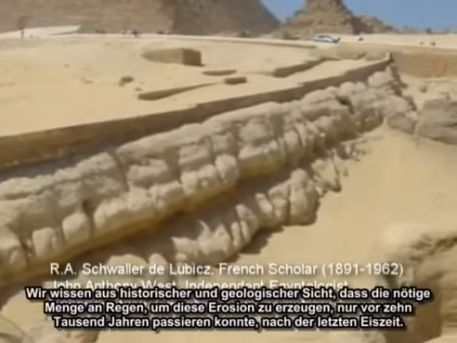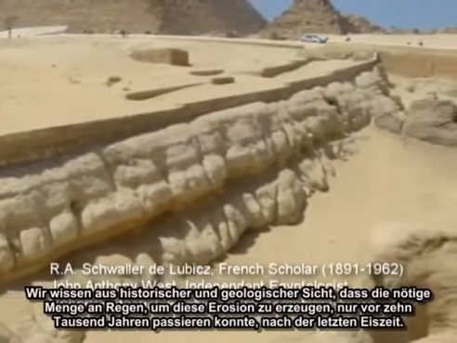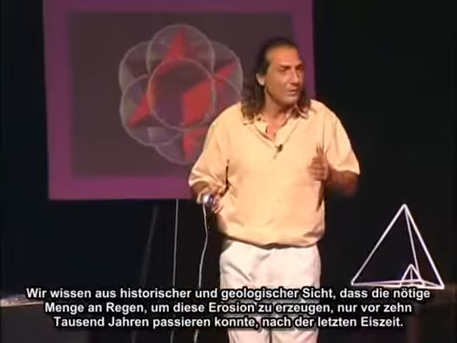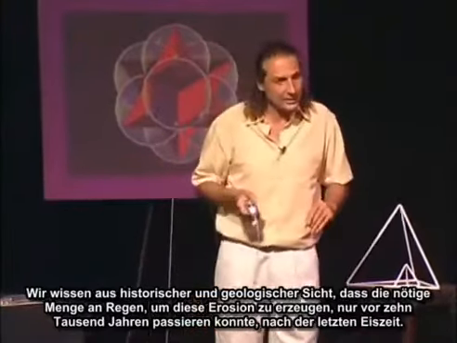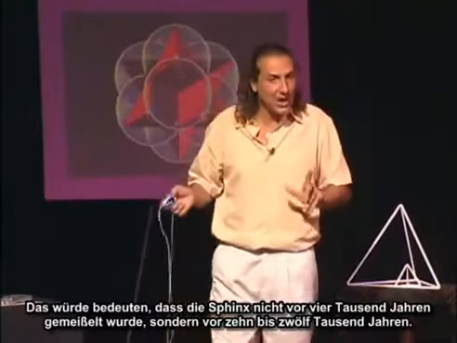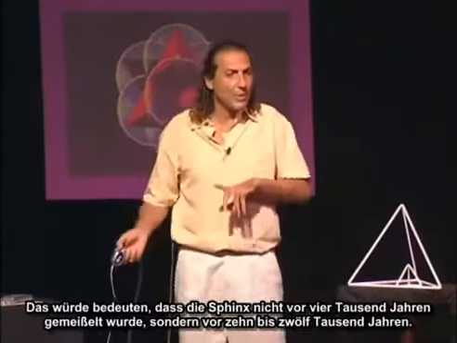We know historically and geologically that the amount of rain needed to create that type of erosion could only happen up to 10,000 years ago after the last ice age. That would mean that the Sphinx was not carved 4,000 years ago, but maybe up to 10,000 to 12,000 years ago.